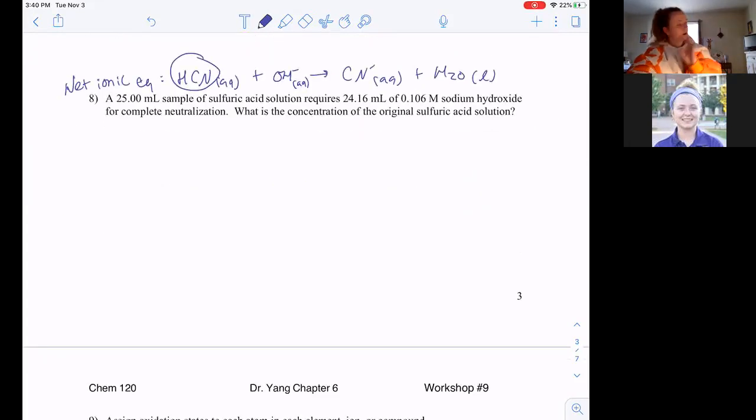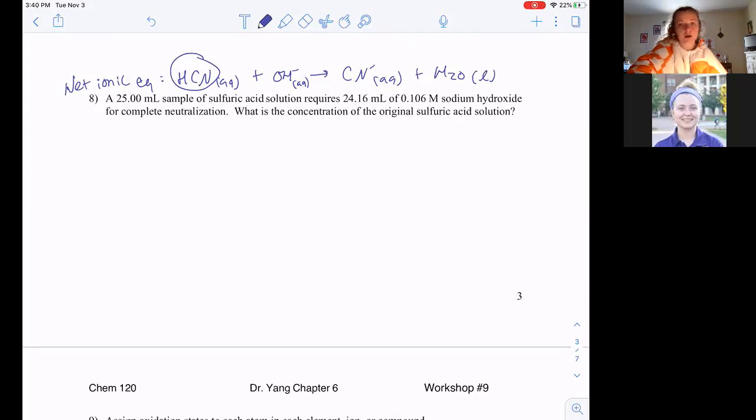Almost there. So then we have a sample of sulfuric acid that requires 24.16 milliliters of 0.106 molarity of sodium hydroxide to complete neutralization. What is the concentration of the original sulfuric acid solution?